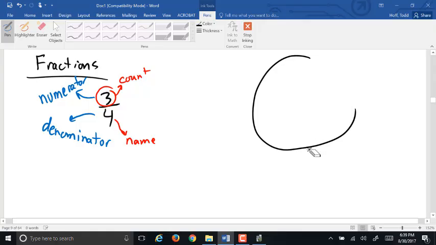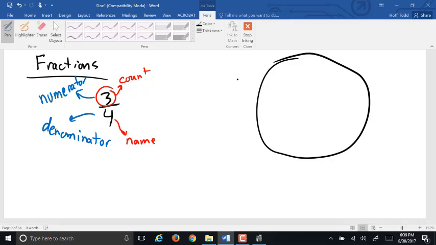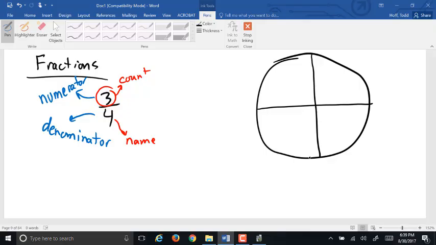Okay, I can do better than that. Pretend that looks like a circle. The simplest way is the old elementary school illustration of a pie or a pizza, where a fourth means it is cut into 4 equal pieces. Pretend those look equal where we're at. So one whole object is cut into 4 equal pieces.